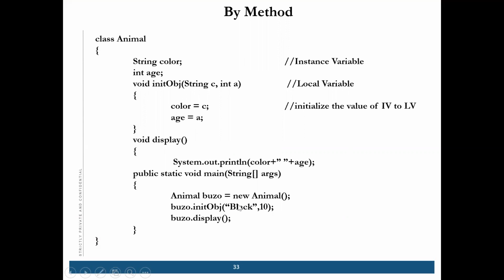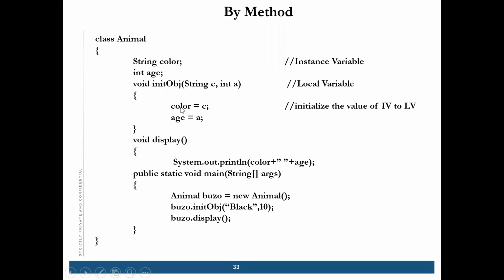From here it goes to the local variable C. Now C has black. Now from C it goes to the instance variable, which is color. Now what happened here? Color has black now. C ने color जो है black, C ने black जो है वो color को दे दिया.